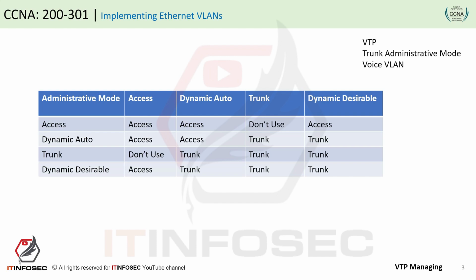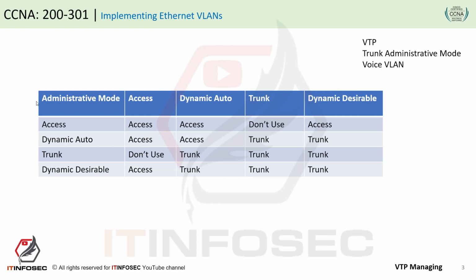Dynamic auto passively waits to receive a trunk negotiation message from the other side, at which point the switch will respond and negotiate whether to use trunking. Trunk always acts as a trunk port for transferring VLANs and VTP configurations and packets from one switch to another. And dynamic desirable initiates negotiation messages and responds to negotiation messages to dynamically choose whether to start using trunk.